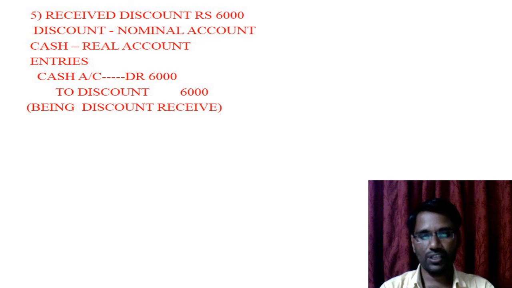So therefore we treat credit, and finally the last journal entry of the above transactions becomes: cash account debit rupees 6,000 to discount account rupees 6,000, and write the narration with the words of being discount received.